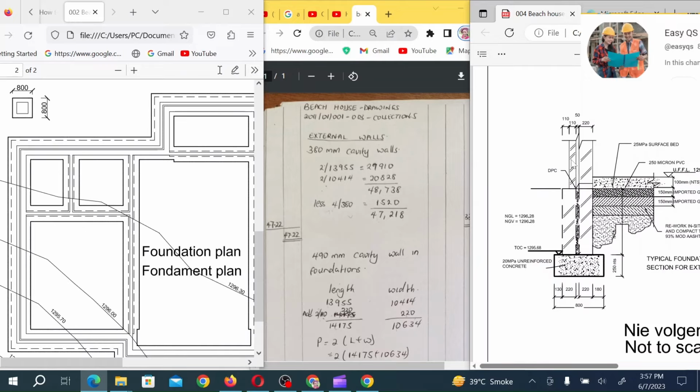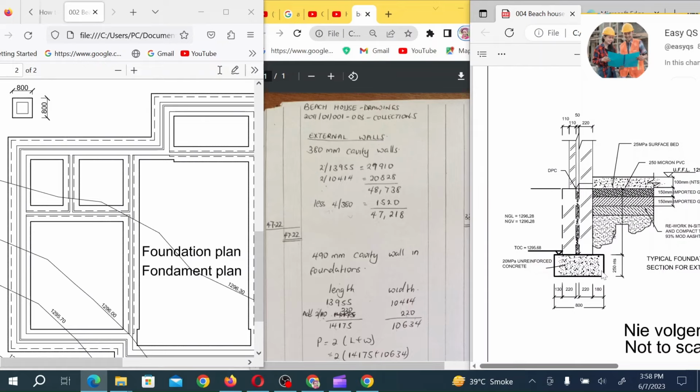So that one will give us 380. So for the external wall, we have 380 millimeters thick on top of the ground, and 490 below the ground.